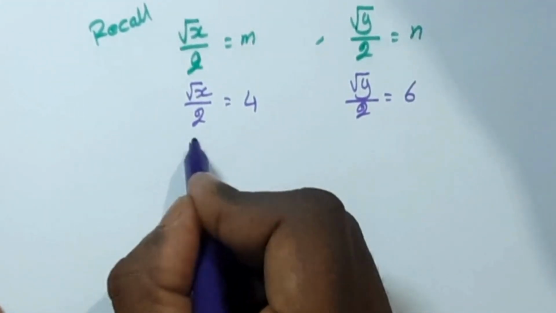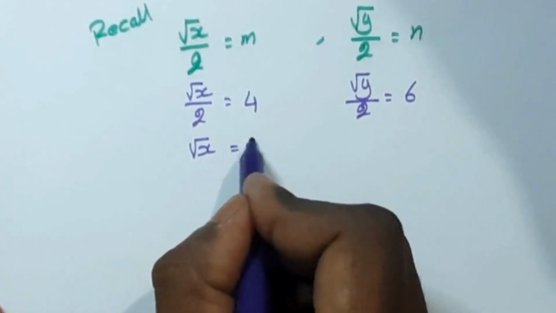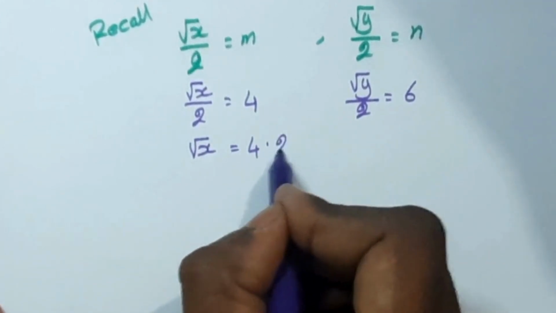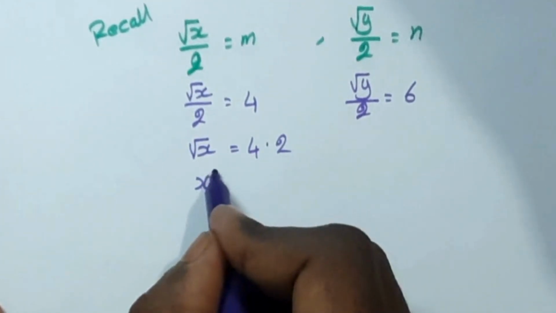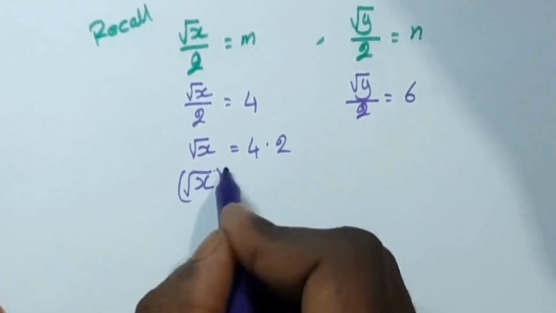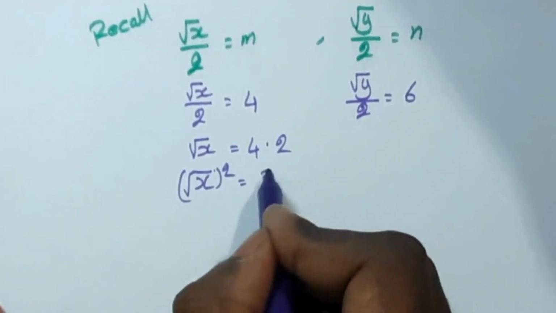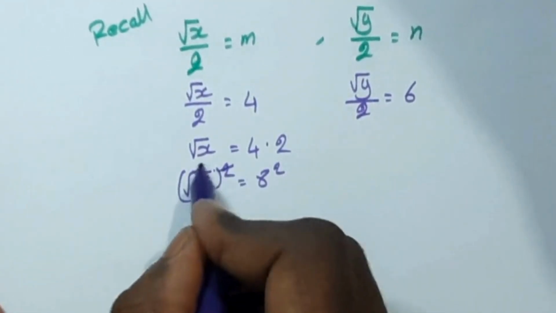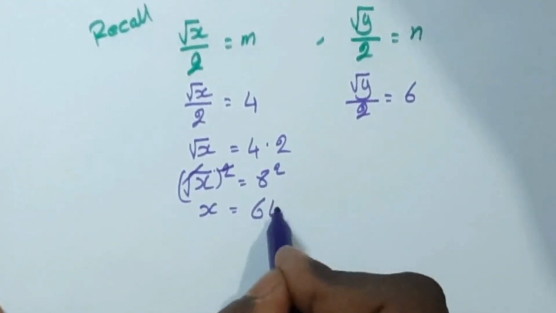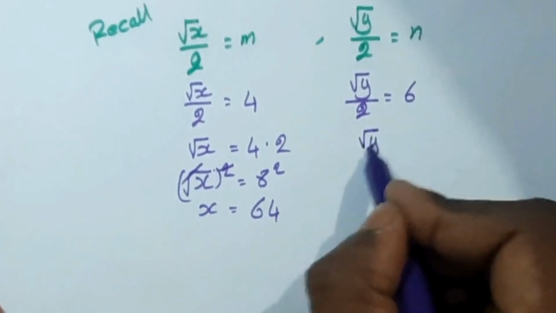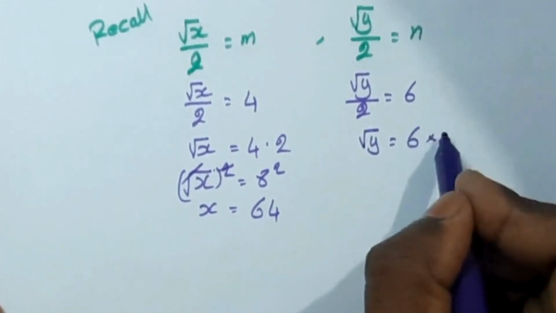Here, square root of x equal to 4 times 2. Take a square on both sides. So, square root of x whole square equal to 8 square. This cancels this. So, x equal to 8 square is 64. Square root of y equal to 6 times 2.